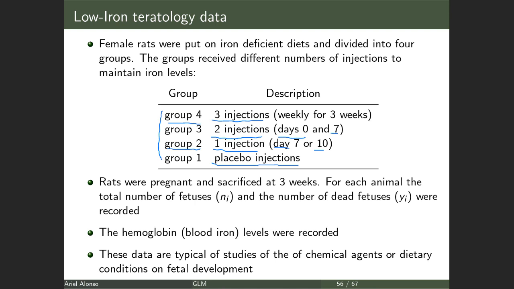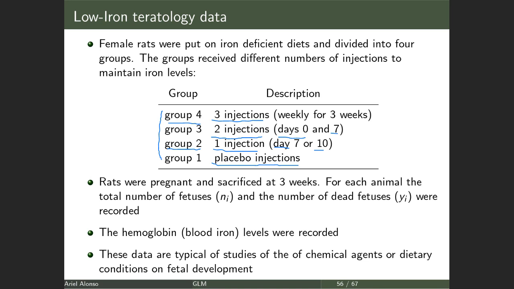Now, these rats were pregnant, and they were all sacrificed 3 weeks after the start of the experiment. For each of these animals, they counted the total number of fetuses, how many babies they had, which we call n_i, and the number of fetuses that were dead, which we call y_i.